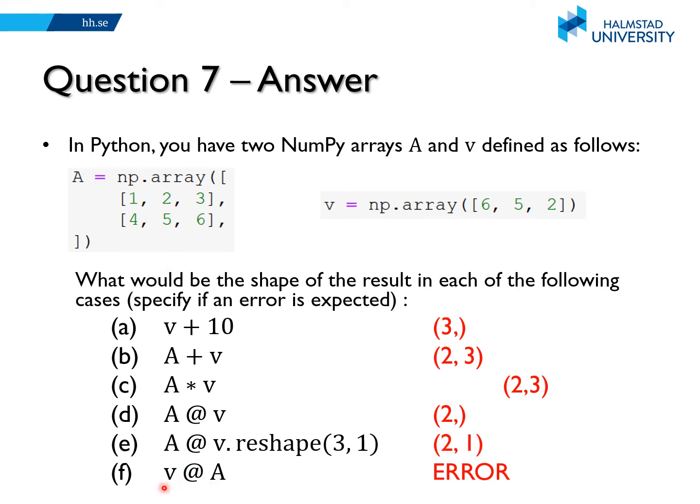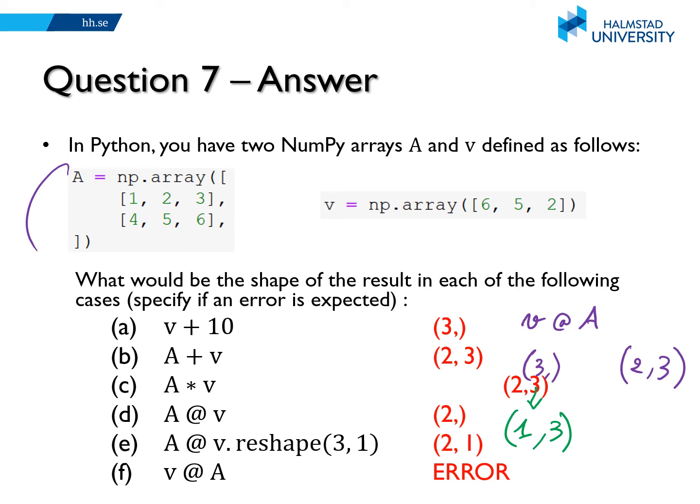Now for the last one, we want to multiply V with A. And V has shape 3, right? And A has shape 2 by 3, right? 2 rows and 3 columns. Now this doesn't work even if you consider V as a row vector. So if you consider it as a 3 by 1 matrix, this doesn't make sense.